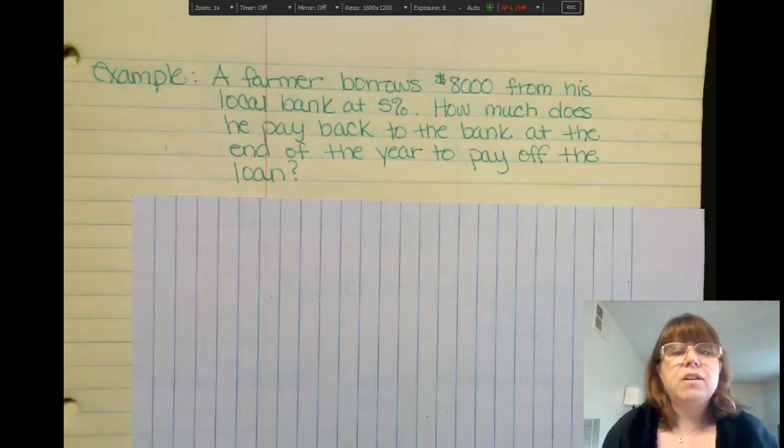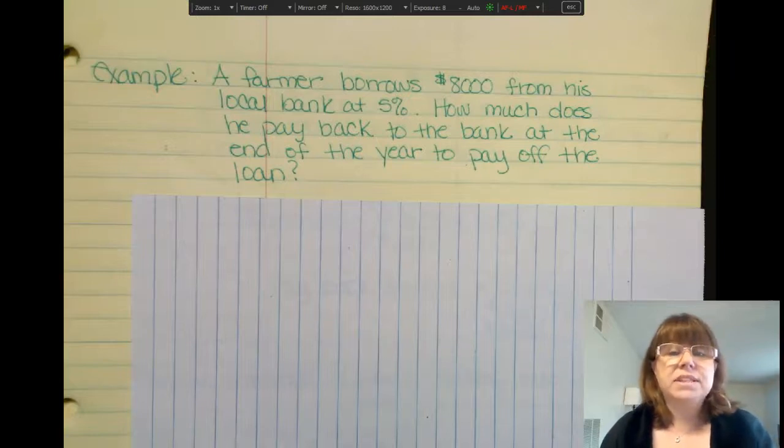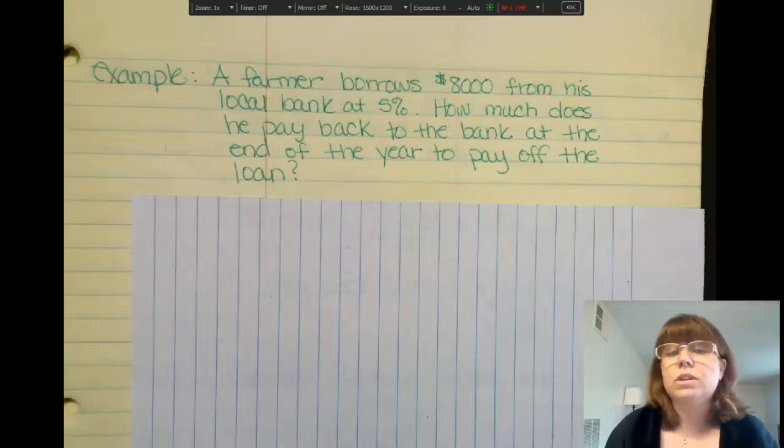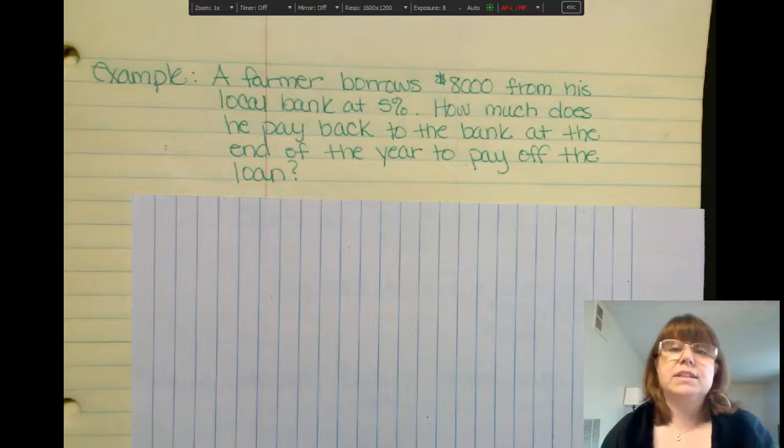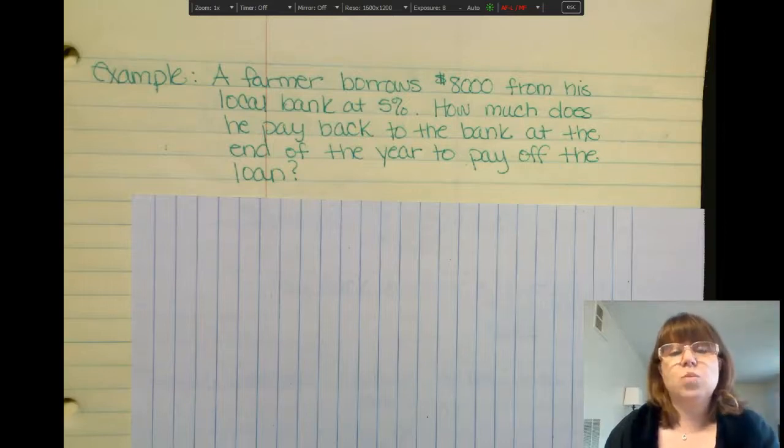Now let's think about a farmer borrowing $8,000 from his local bank, and it's at 5%. Again, that's 5% annual interest. How much does he pay back at the end of the year to pay back the total loan? So remember, he has to pay back the original $8,000, and he has to pay back the interest, the fee that he has to pay back to the bank as well.